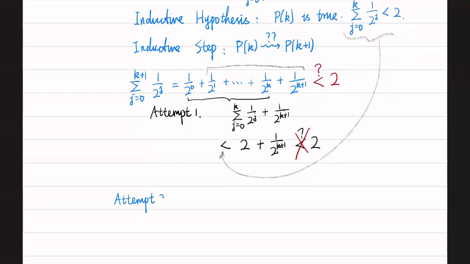Second attempt. I will split the first one as 1, so use the formula 2 to the k plus 1.